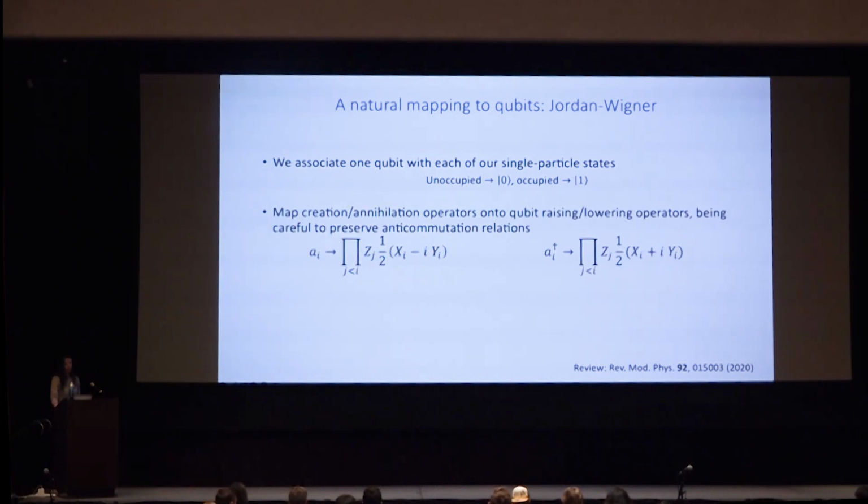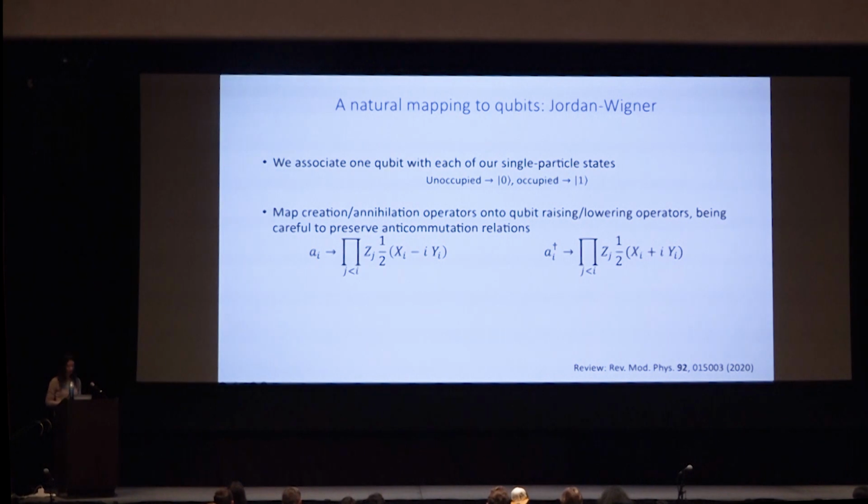So the next step to worry about is how do we represent operators from the fermionic side on the qubit side. And the way to do this, at least under this Jordan-Wigner approach, is to look at the raising and lowering operators and represent them not only by raising and lowering the state of the qubit, but also building in the fermionic relationships.